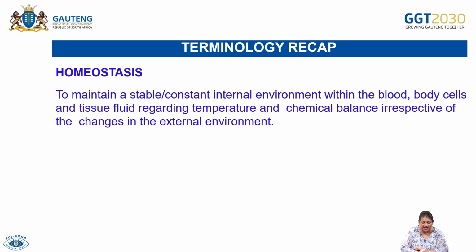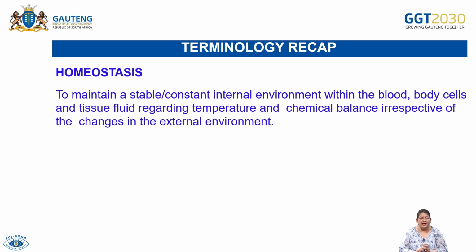of the changes in the external environment, which means that whether it's very hot outside or very cold outside, our body temperature on the inside of our cells and blood must always be what? 37.5 degrees Celsius.